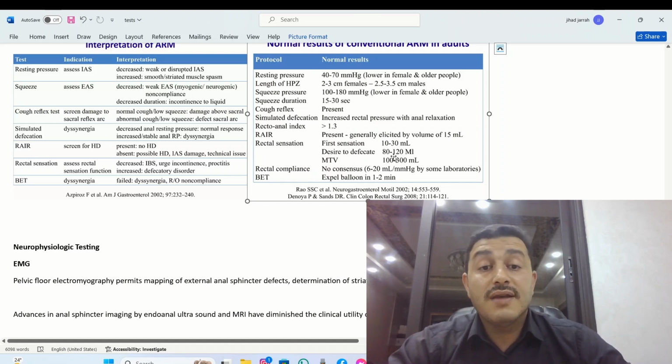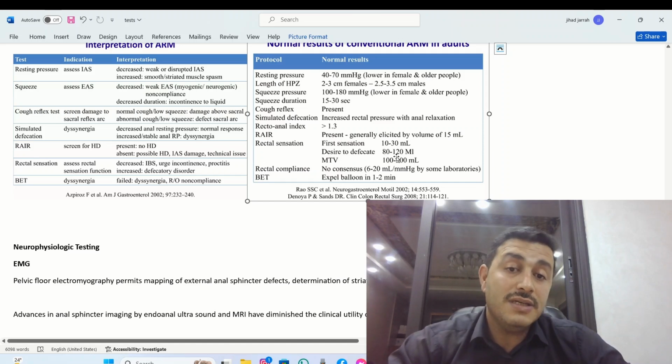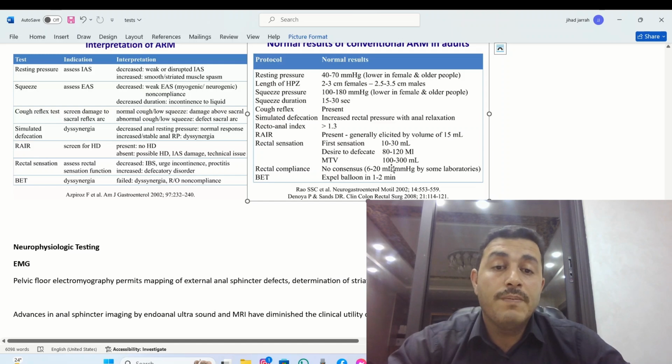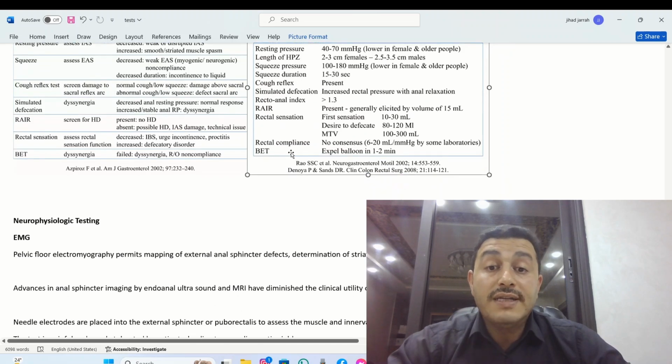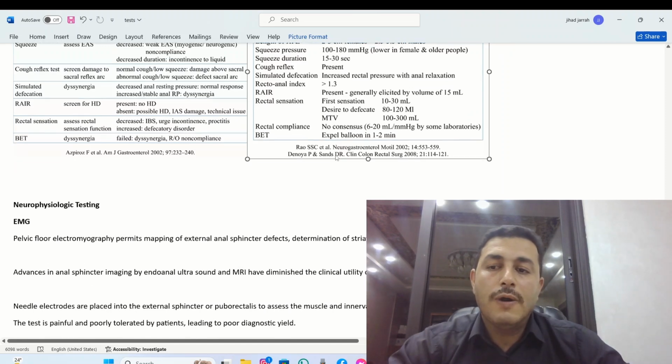Desire to defecate after 80 to 120 milliliter, and the maximum tolerated volume from 100 to 300 milliliter. Rectal compliance. Regarding the balloon expulsion test, it should be expelled out within 1 to 2 minutes.